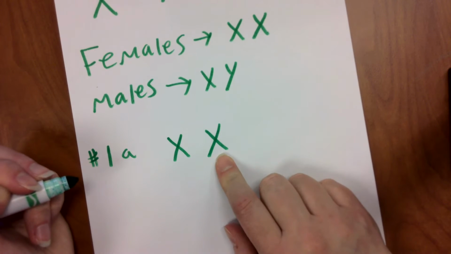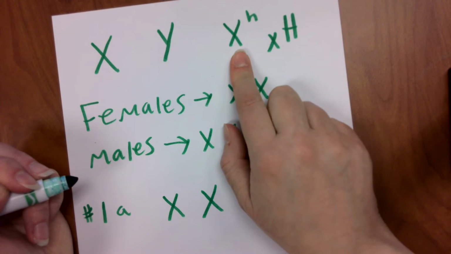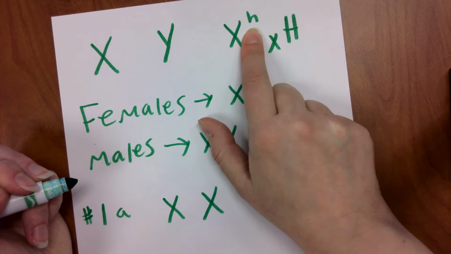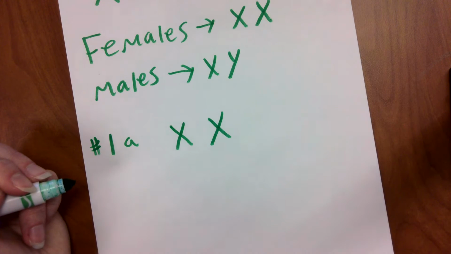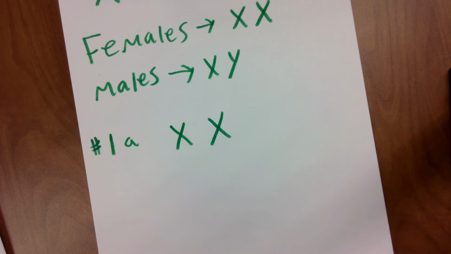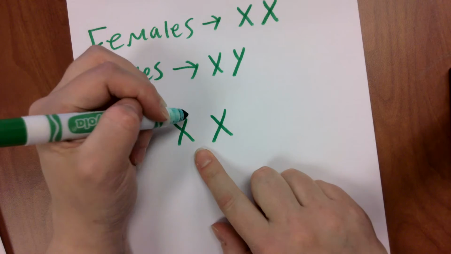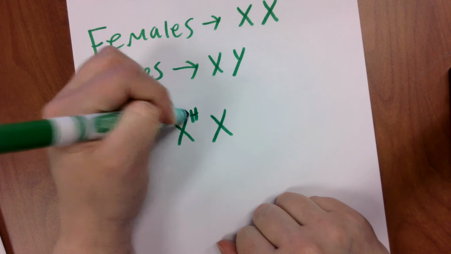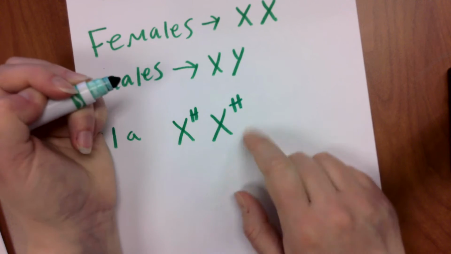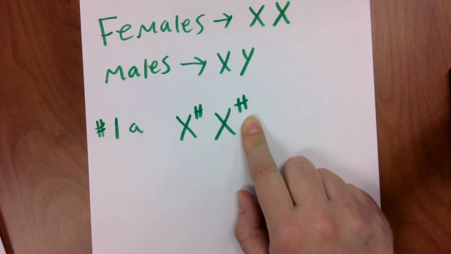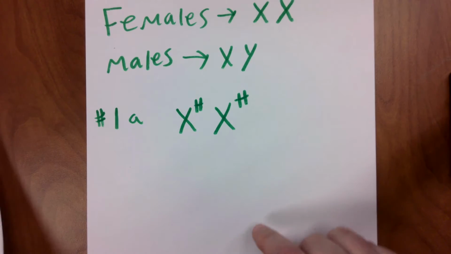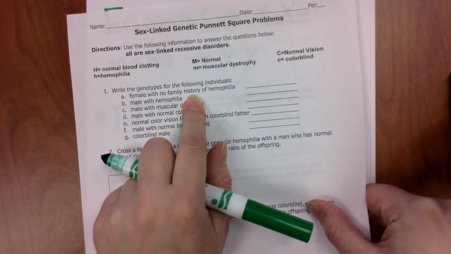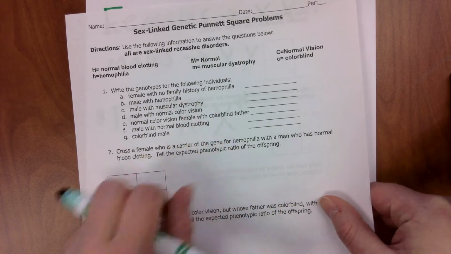So this means that she's not going to have a bad X. She's not going to have one that has a hemophilia trait on it. So this means that both of her X's will be dominant for the normal blood clotting gene, okay? Because she has no history of it, okay?